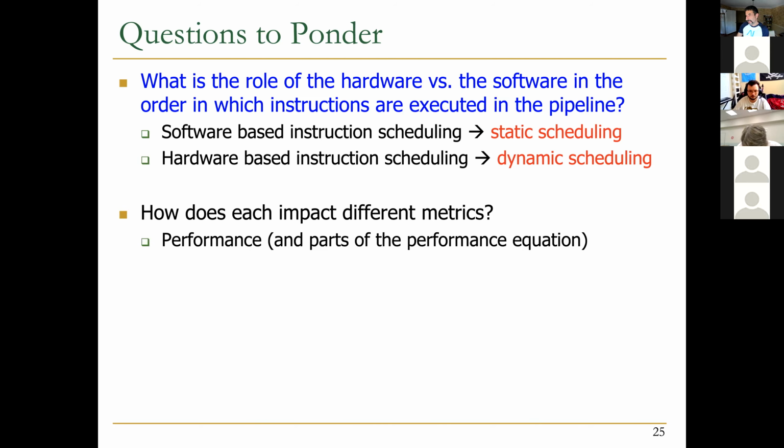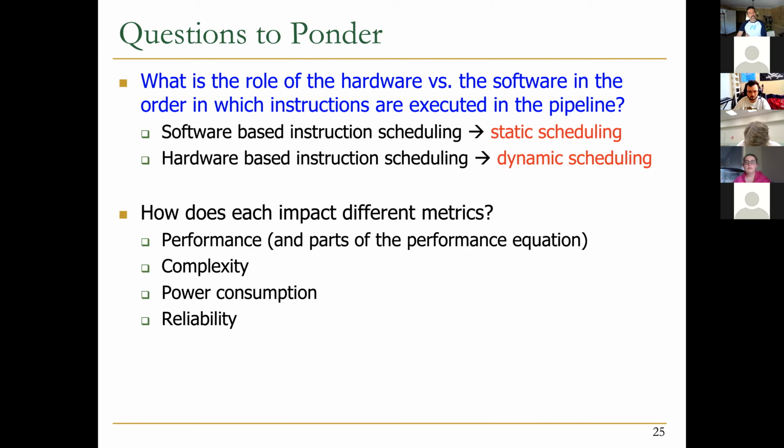And this again would vary the performance, and as a result would change the complexity, because hardware has this advantage of knowing the current architectural state and so on. It would also result in different power consumption, reliability, and so on.